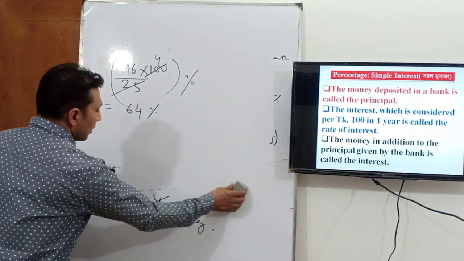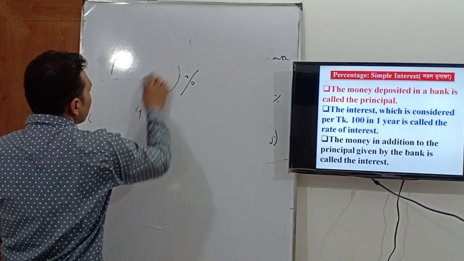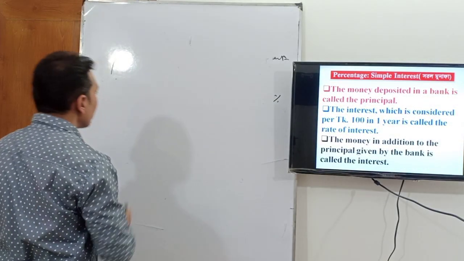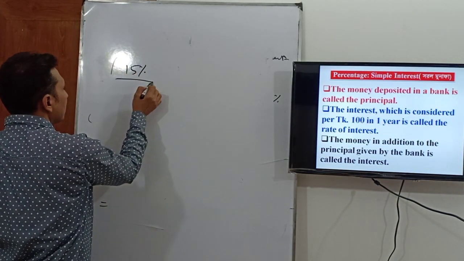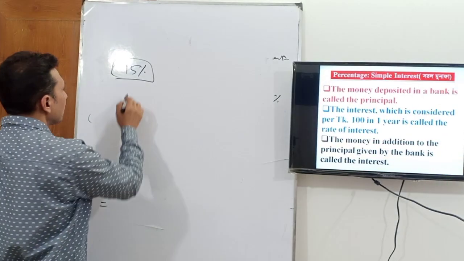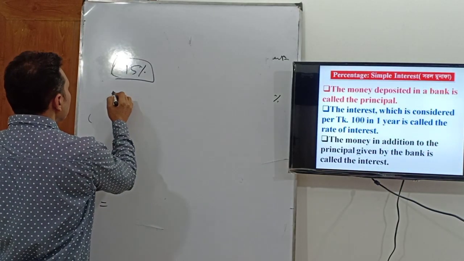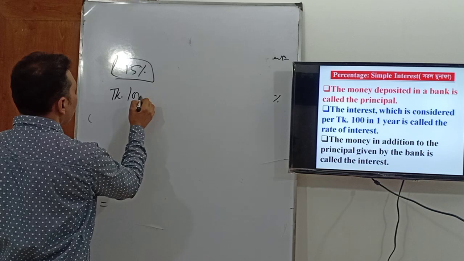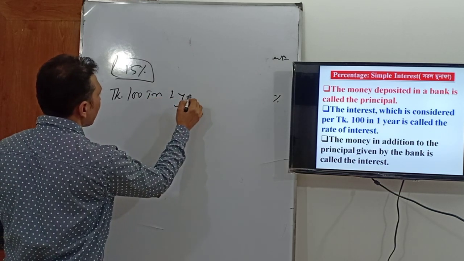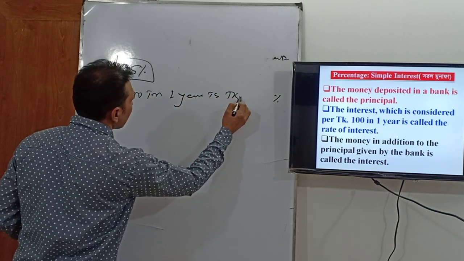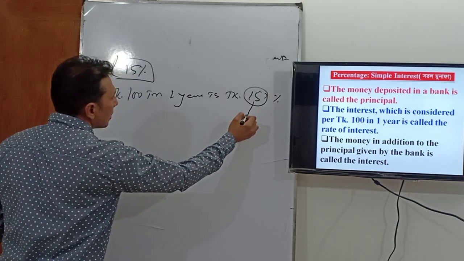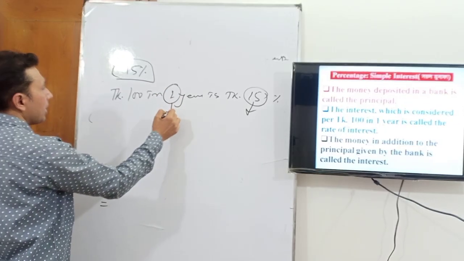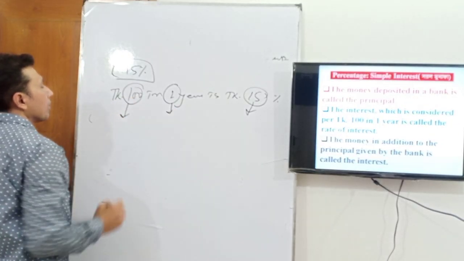That means now I will discuss, suppose 15%. This is the meaning of 15%: taka 100 in 1 year is taka 15. These are the interest, these are the time, and this is the principal.